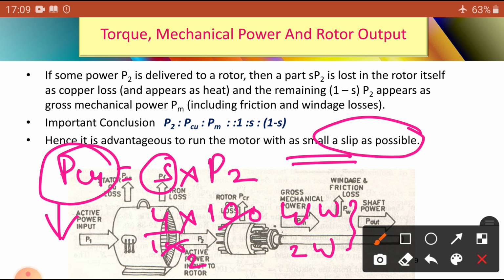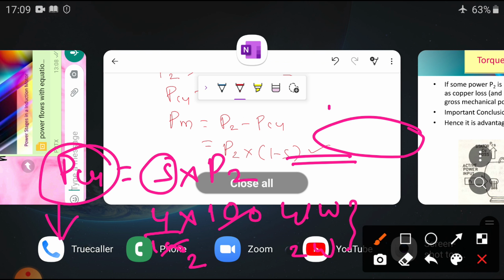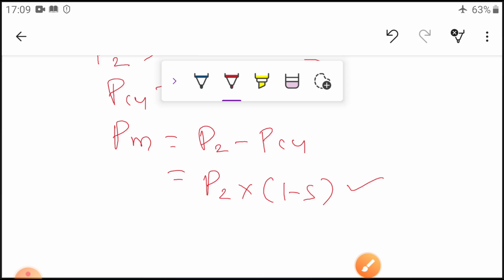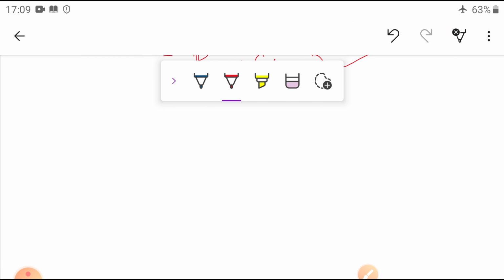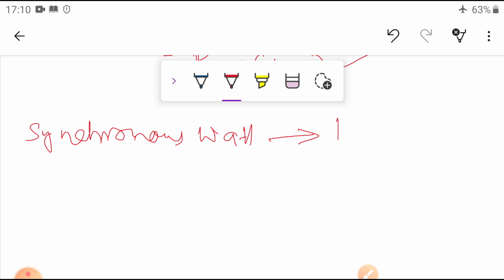Another important term generally known is the synchronous watt. What is the synchronous watt? Sometimes we can write it this way. The synchronous watt is nothing but P2.